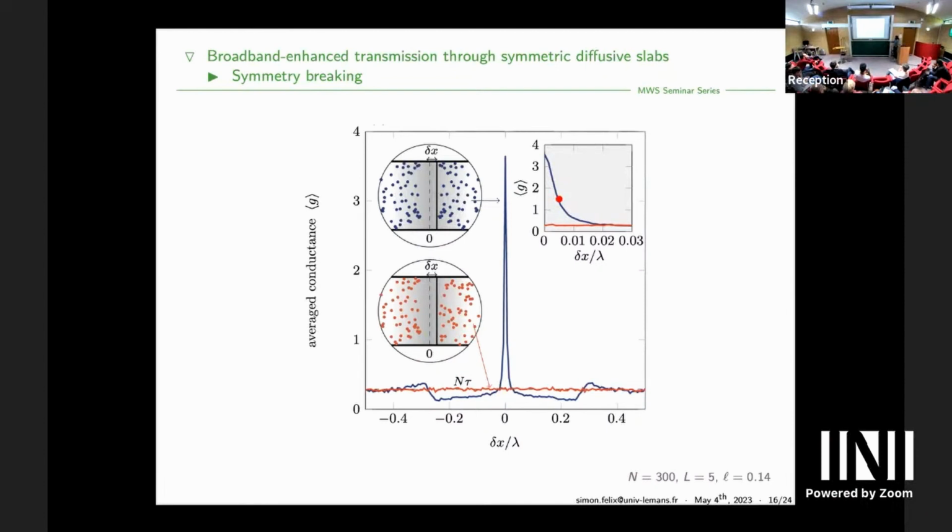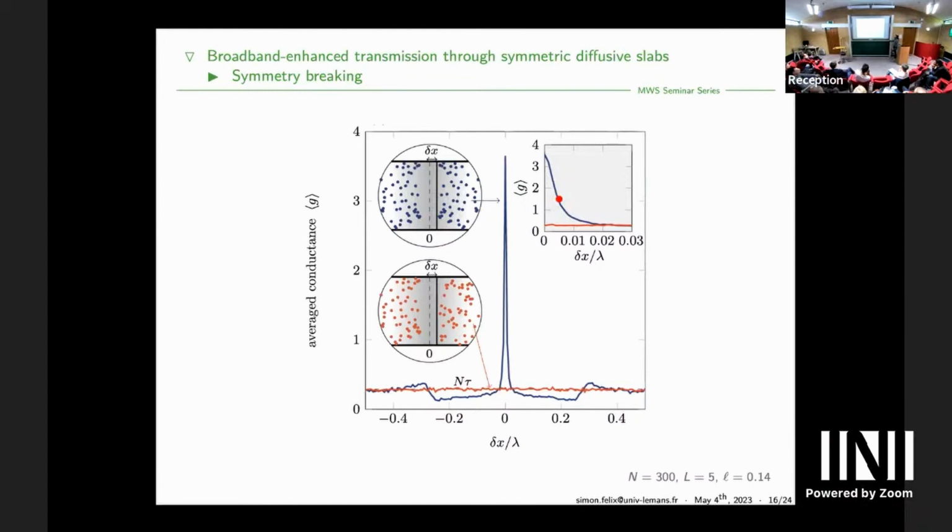Something which was unexpected and still unexplained is that after this 1 over 50, we go below the level of the non-symmetrical conductance until some value which looks a lot like a quarter wavelength, and it is very robust from one situation to the other. We always see this rise of the conductance at the quarter wavelength, and then it goes back to the level at a very large number of wavelengths.